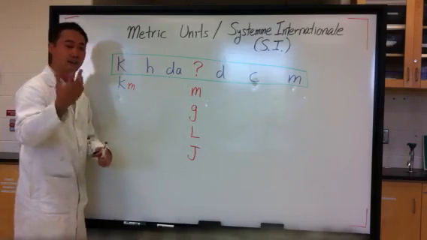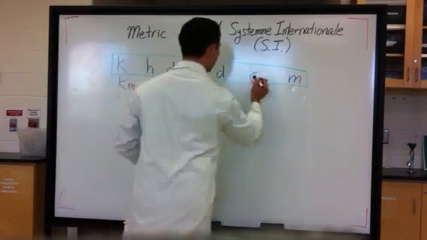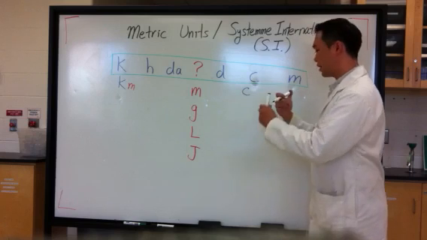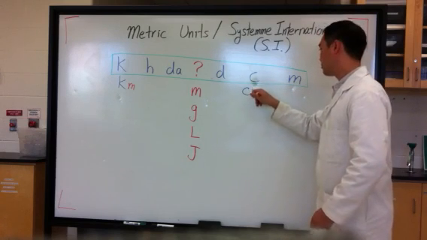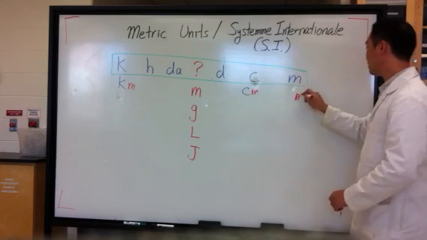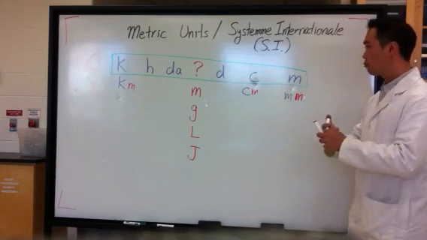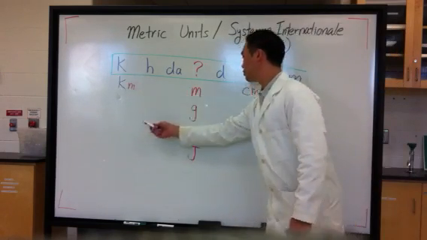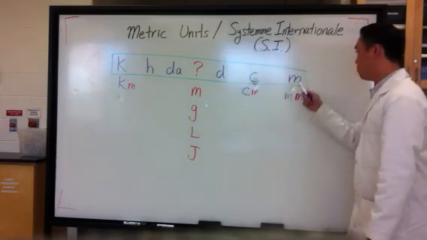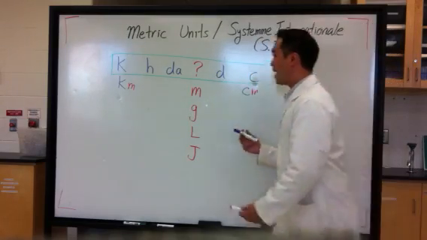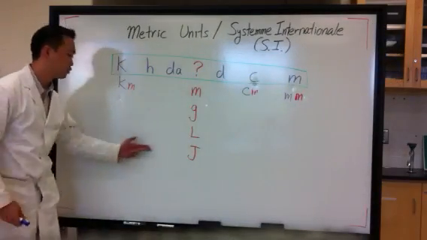The one you're most likely to have seen before is CM, centimeters, or perhaps millimeters. You've probably heard of the kilogram or the milliliter, and if you're in the sciences, probably the kilojoule.